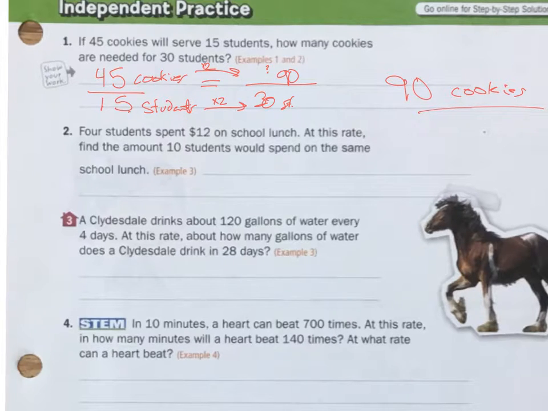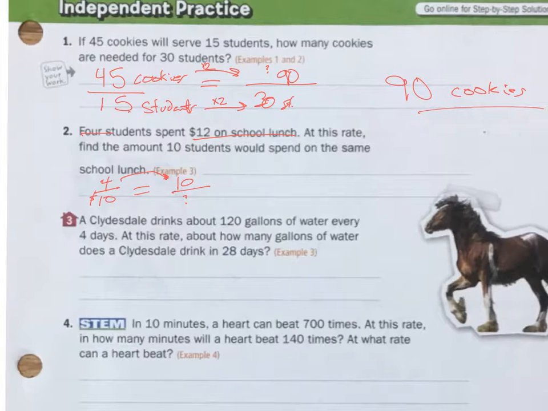All right. Number 2, 4 students spend $12 on school lunch. Okay, so we have 4 students spending $10 on lunch. At this rate, find the amount 10 students would spend on the same school lunch. So instead of 4 students, I want 10, and not sure what that's going to be. Now 4 is not like times 2 or times 3.